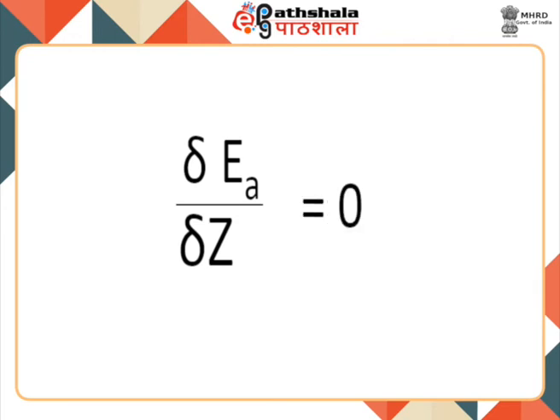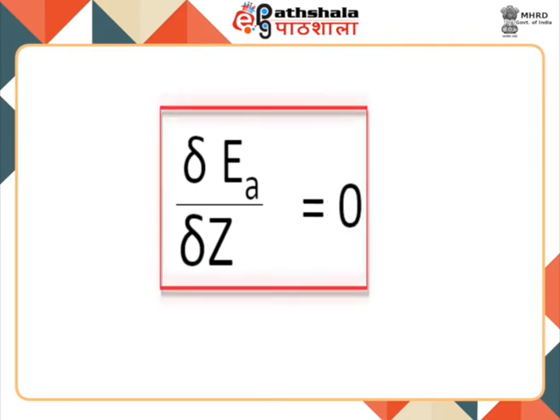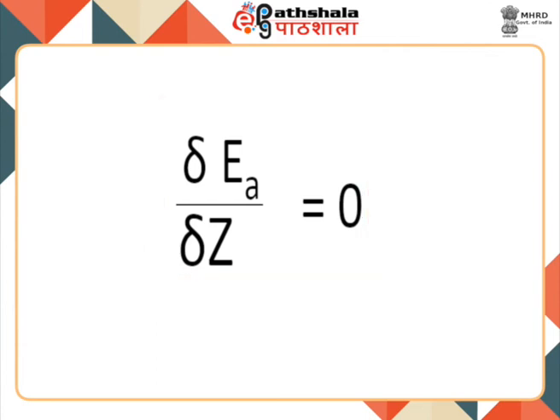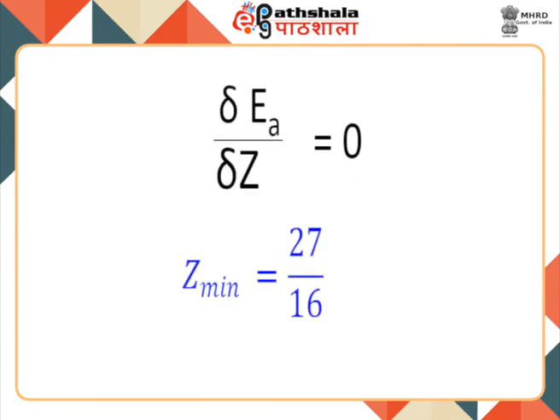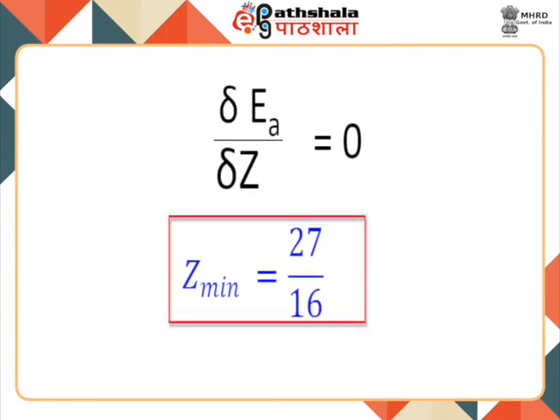That is, we now differentiate EA with respect to Z and equate this to 0. Del EA by del Z is equal to 0, which gives equation 18. Z minimum equal to 27 by 16.